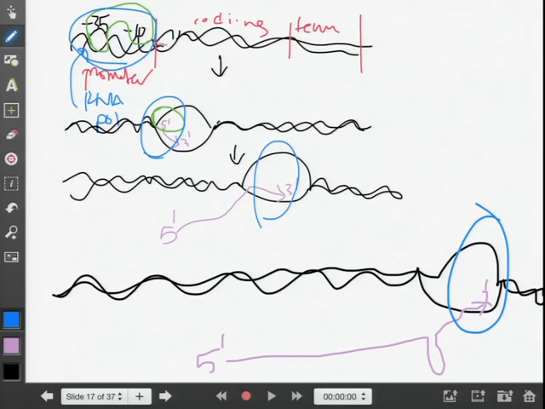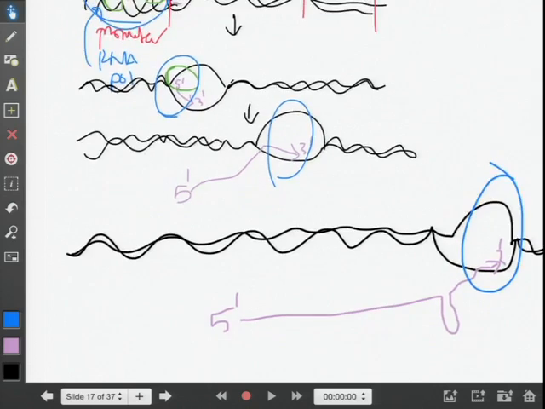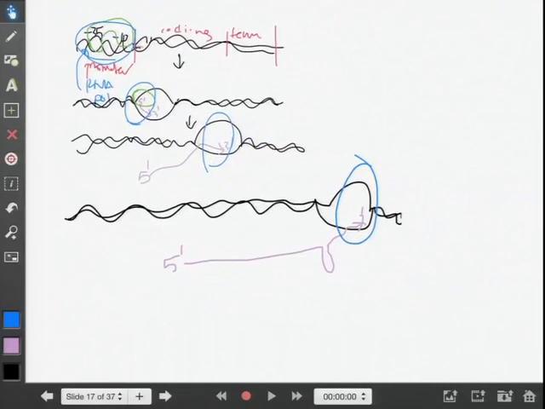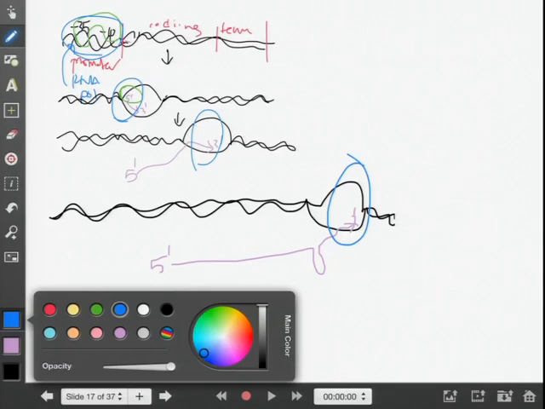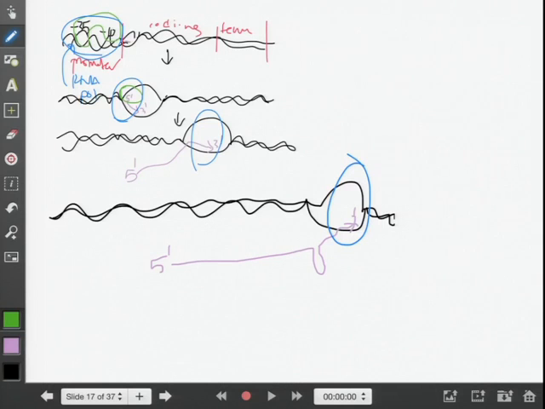Okay? This obscene-looking structure, inappropriately drawn here, is what they call the hairpin. Let's do another color. So that's what that other slide called the hairpin structure.